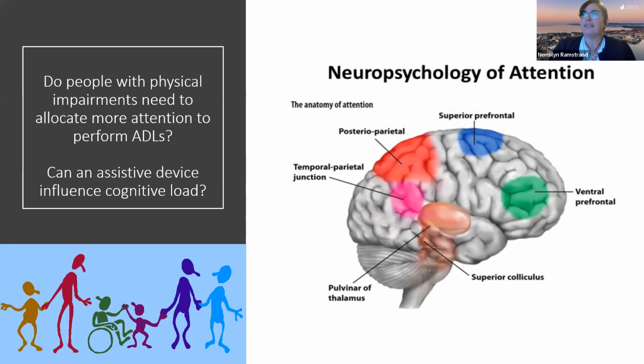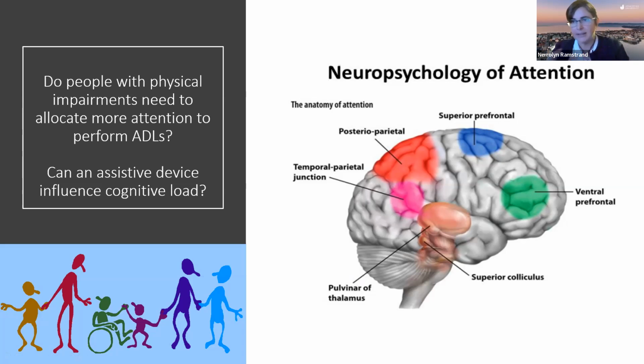I mentioned that attentional demand, or cognitive load, is something that's physiological. And I don't need to explain neuroanatomy to anyone in this room, I'm sure. But what we do know is that the frontal cortex of the brain, and in particular the dorsolateral prefrontal cortex, is the area of the brain that becomes most active when we see an increase in attentional demand.